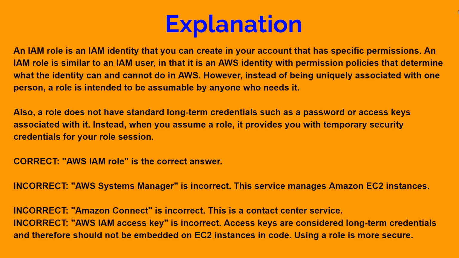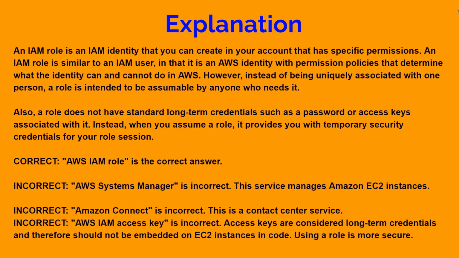However, instead of being uniquely associated with one person, a role is intended to be assumable by anyone who needs it. Also, a role does not have standard long-term credentials such as a password or access keys associated with it. Instead, when you assume a role, it provides you with temporary security credentials for your role session. Correct. AWS IAM role is the correct answer.